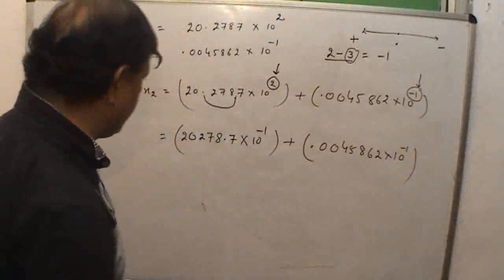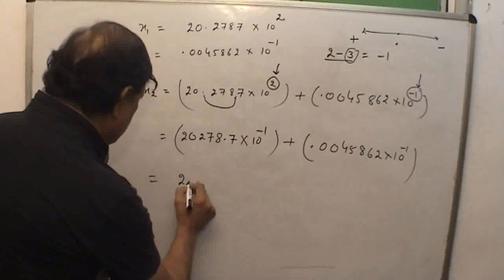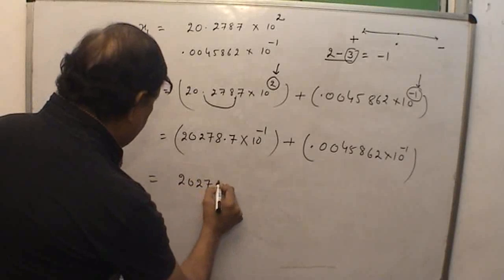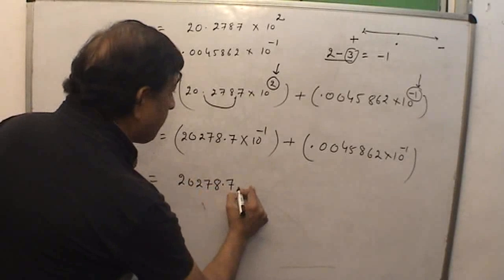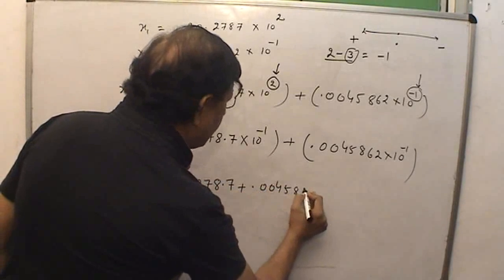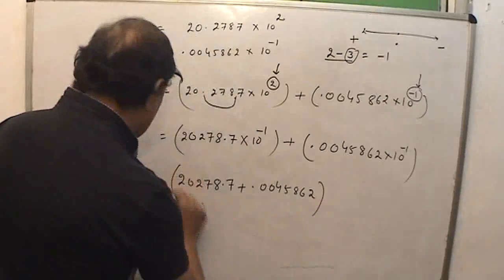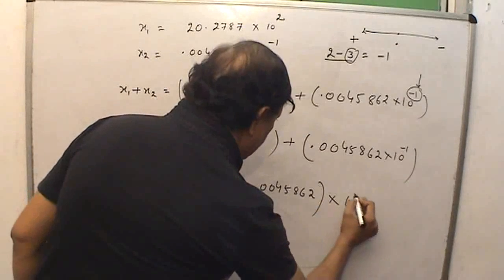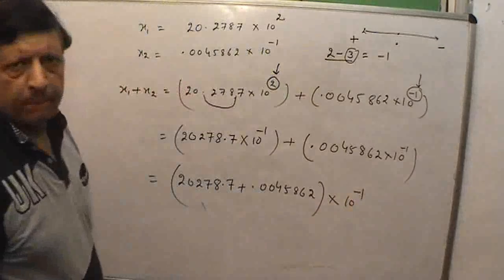Now exponents are same. We can take common. It is 20278.7 plus 0.0045862 into 10 raised to the power minus 1.